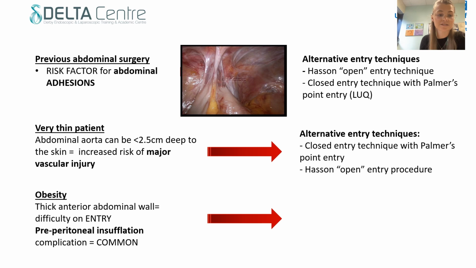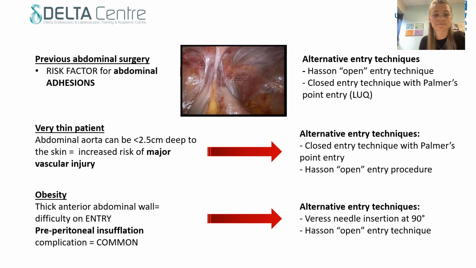Finally, obesity is a risk factor. This is because there is a thick anterior abdominal wall and this is really difficult on entry, and preperitoneal insufflation is very common. So alternative entry techniques are used here. So you can use a Veress needle insertion at 90 degrees, and you can also use the Hasson open entry technique.